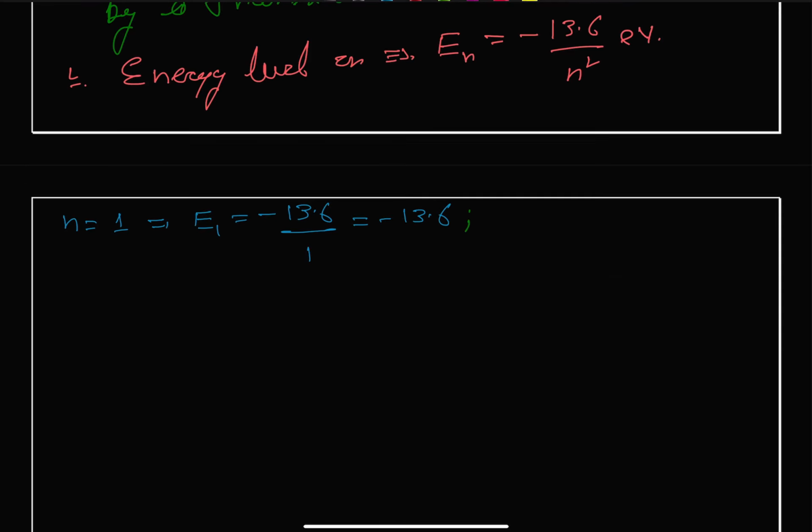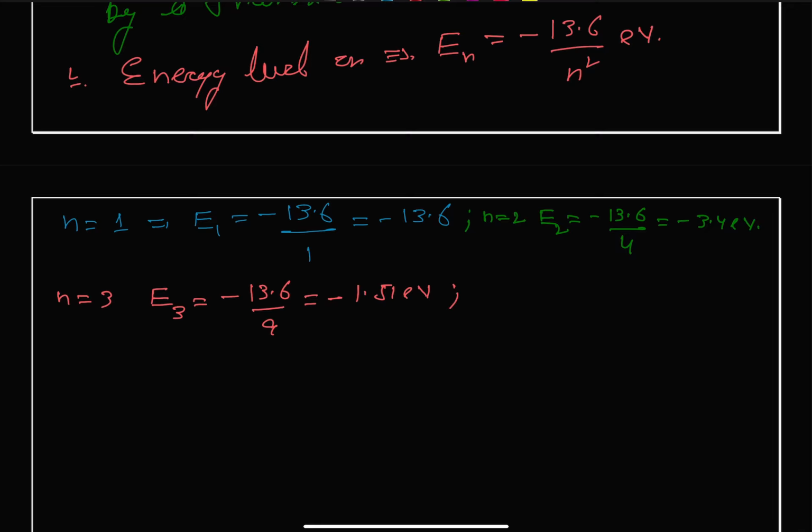Next, n equal to 2 gives E2 equal to minus 13.6 upon 4, which is minus 3.4 electron volt. And next n equal to 3 gives E3 equal to minus 13.6 upon 9, which comes as minus 1.51 electron volt.